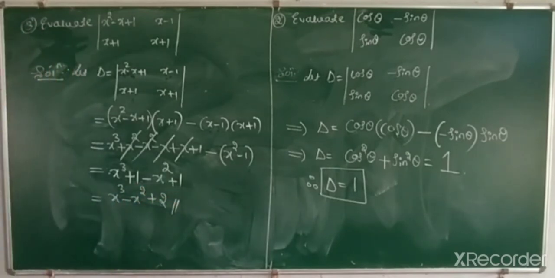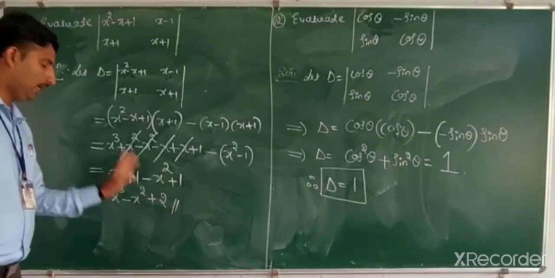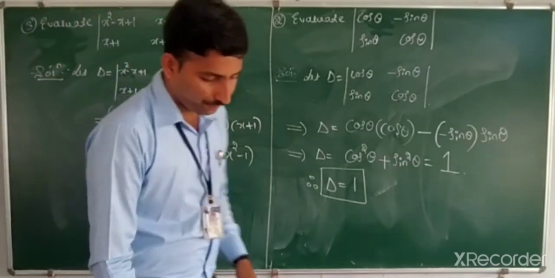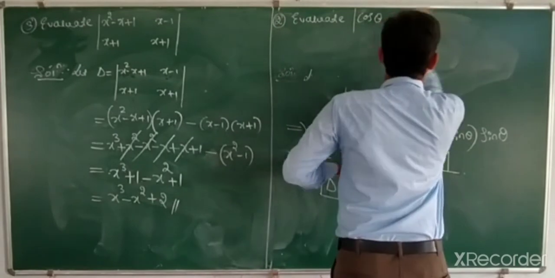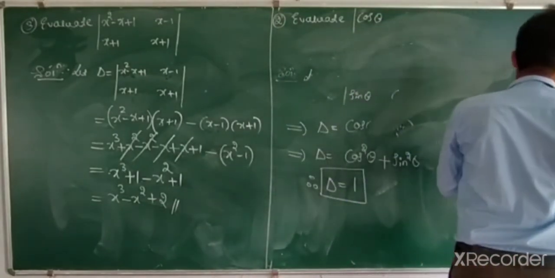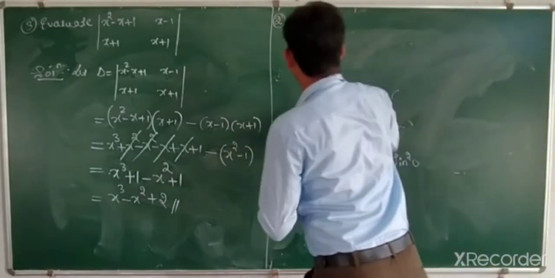X cube minus x square plus 2. X cube minus x square plus, minus plus 1 plus 1 plus 2. This is the value.